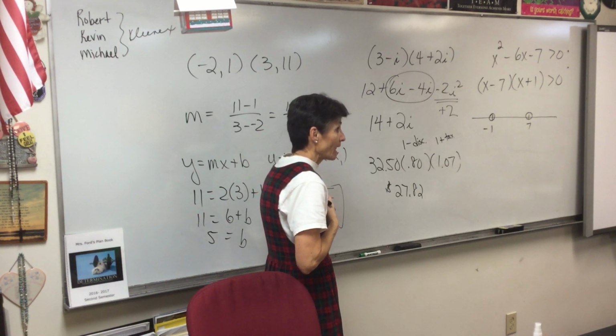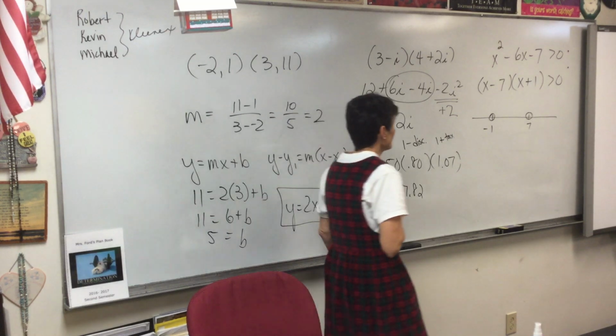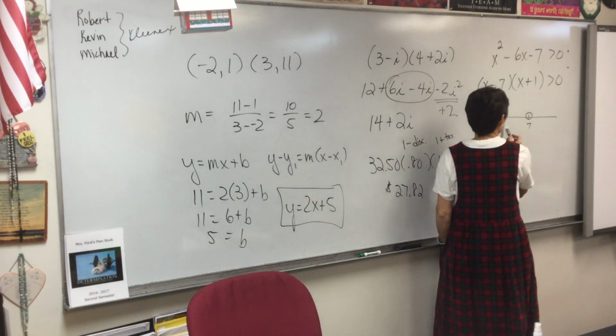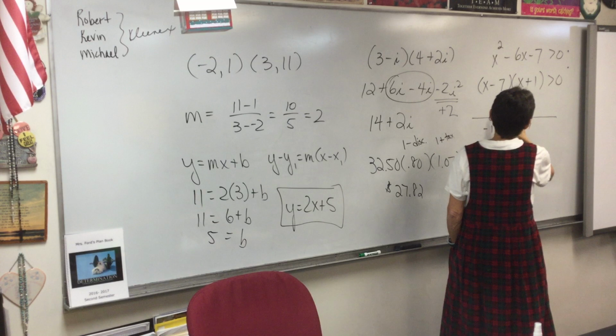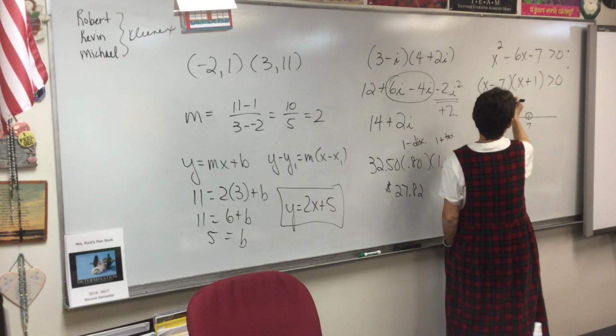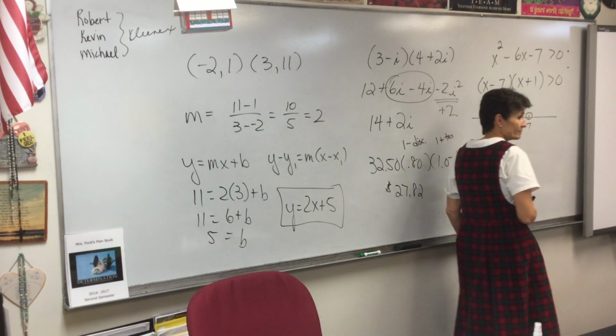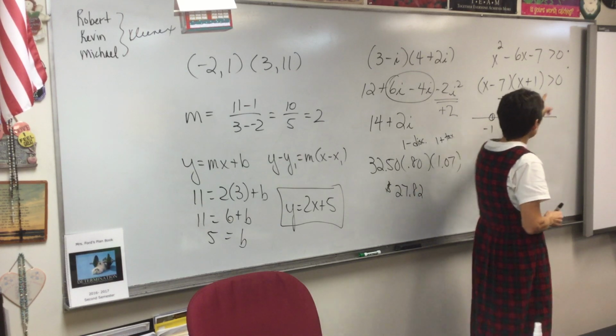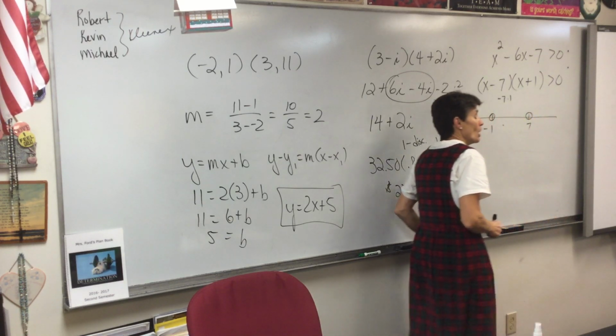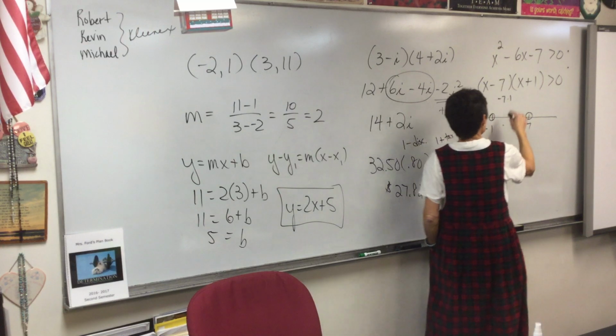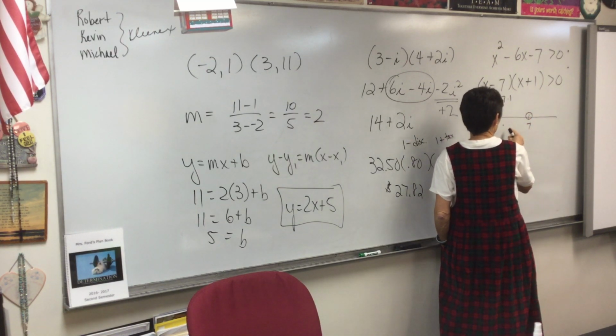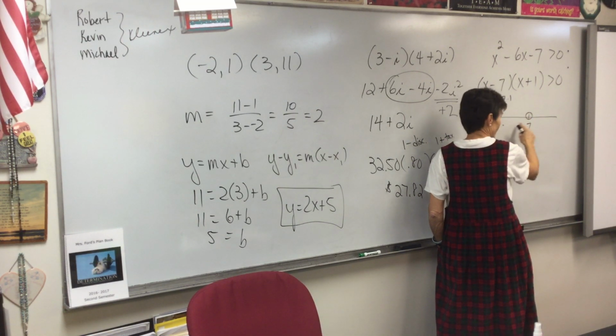You don't have to. So I'm going to put 0 into my problem, and I get negative 7 times 1, negative 7. Is that bigger than 0? No. So the number 0 did not work, so I don't shade here.